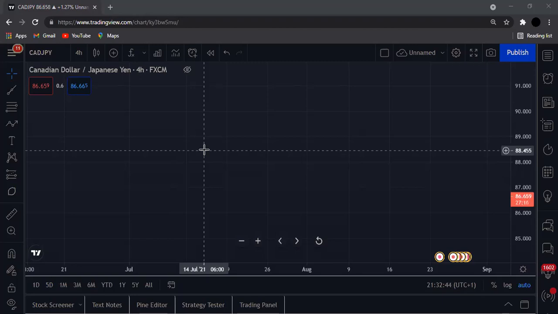But synthetic indices are not affected by news, weather conditions, migrants or whatever. They work based on an algorithm: buyers and sellers, price action. When you buy, it affects the market. When you sell, it affects the market. But it's not based on news at all.